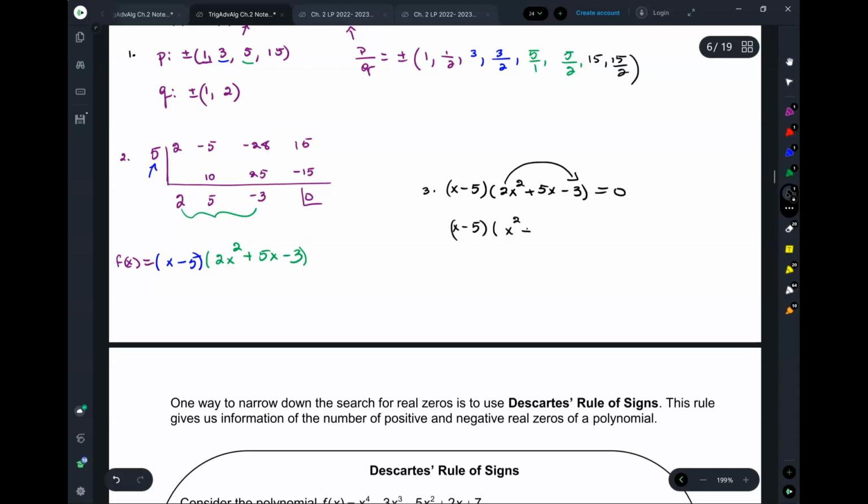X squared plus 5x minus 6. Okay, so now that gives me x minus 5, x. I need two numbers that multiply to -6, add to 5. Positive 6 and negative 1.